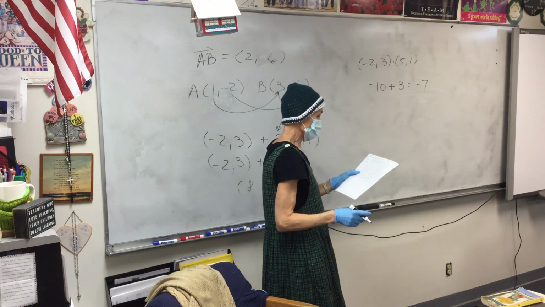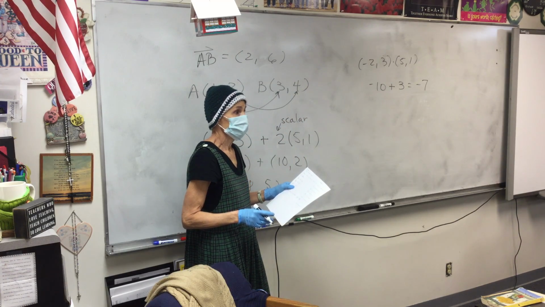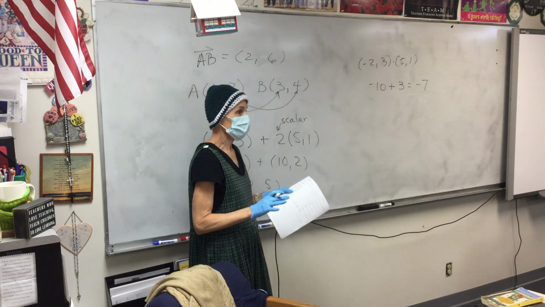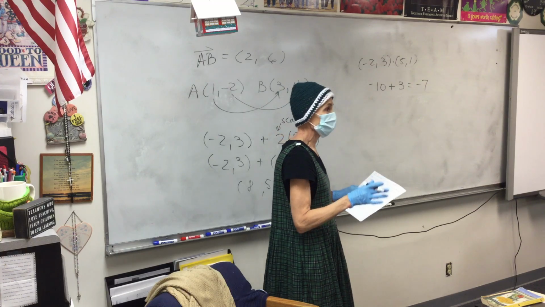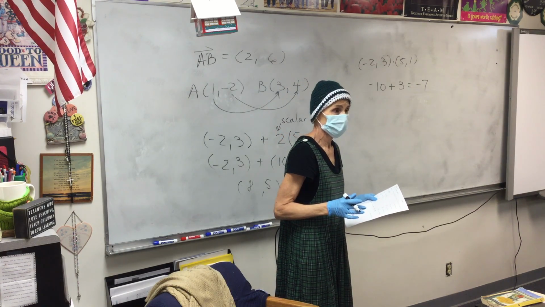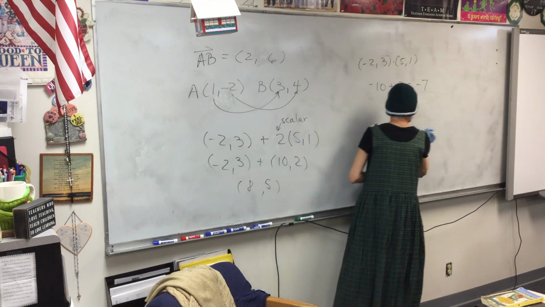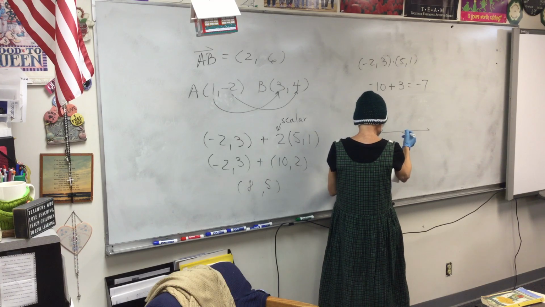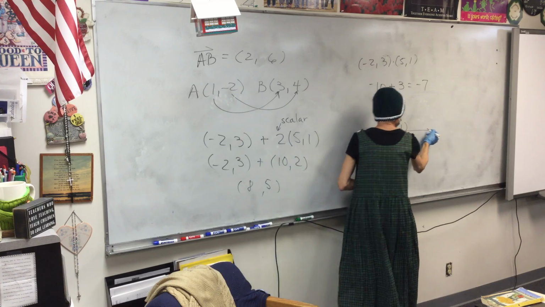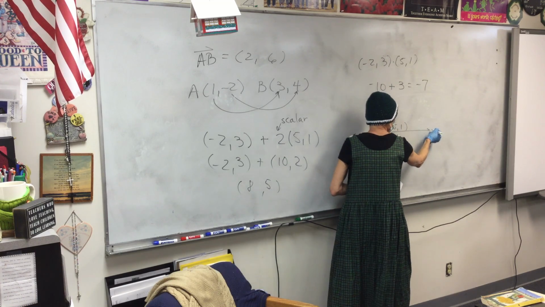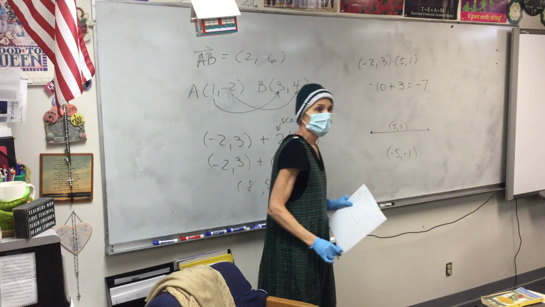All right, what does number 4 mean? The opposite of u. Well, if u is the vector 5, 1, what would the opposite be? If u is the vector that travels 5, 1, then the opposite would be the vector that goes from here to here, which would be -5, -1.